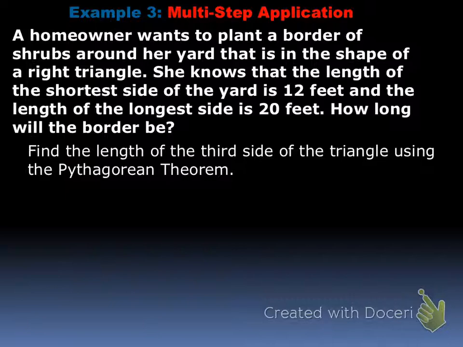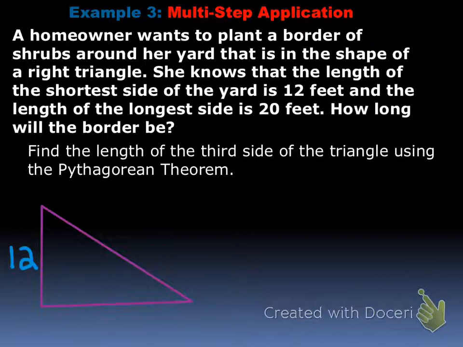The first step I like to do in any problem is to draw a picture of what I know. So we're going to draw a right triangle. What it says that we do know is that the shortest side of the yard is 12 feet. So we're going to go ahead and label that.